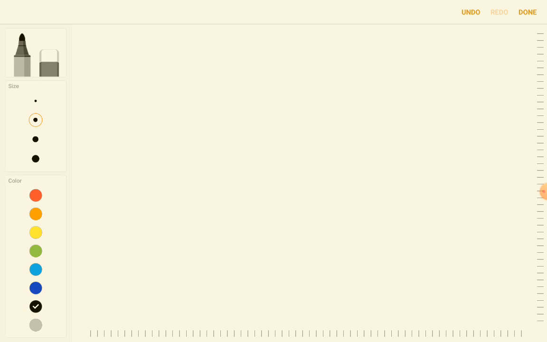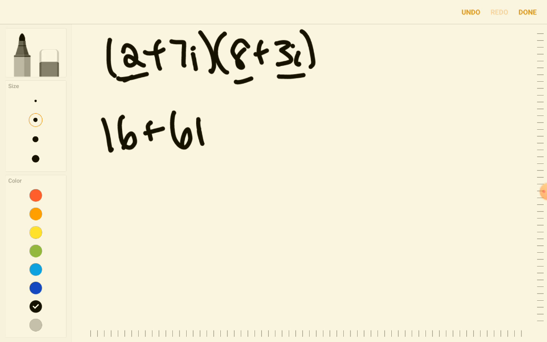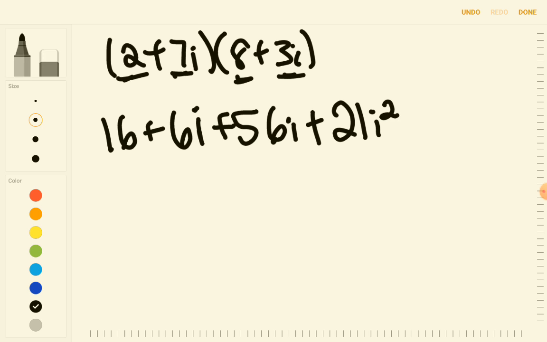For our next problem, we have 2 plus 7i times 8 plus 3i. So the first thing we need to do is distribute. So we would do 2 times 8, which is 16, 2 times 3i, which is 6i, 7i times 8, which would be 56i, plus 7i times 3i, which would give us 21i squared.